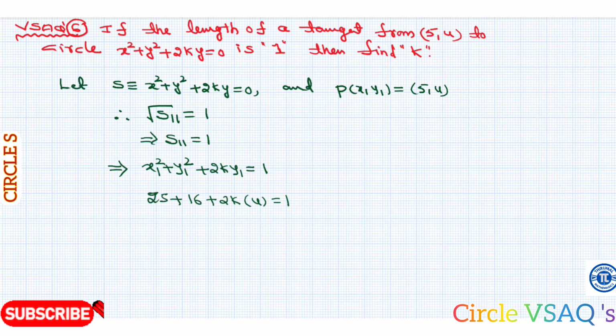Next, 2k into 4 is 8k equals 1 minus 41, right side is -40. 8 ones are 8, 5s are, then we get k equal to -5.